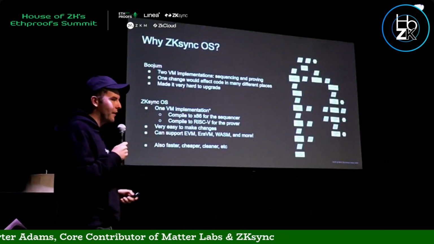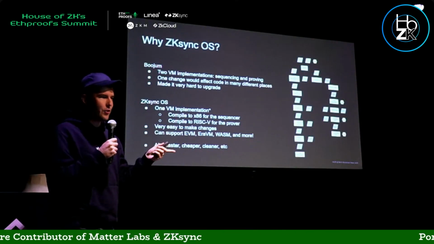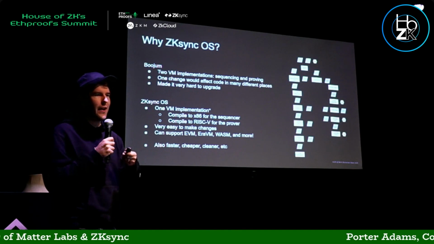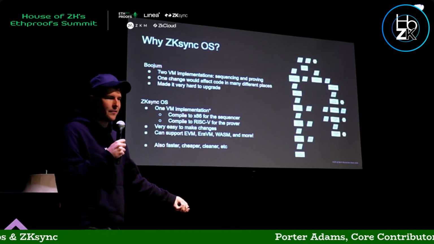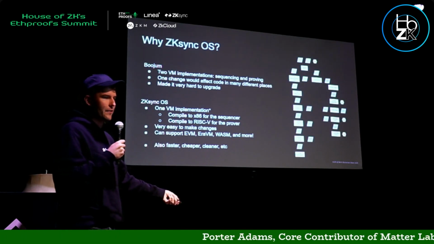ZKsync OS is a wrapper layer around, or above, the proof system. The proof system comes underneath, and what ZKsync OS lets us do is use multiple execution environments. We can have one VM implementation and compile that to x86, your hardware, for the sequencer.